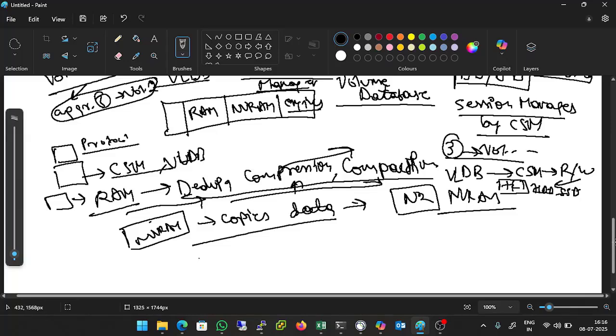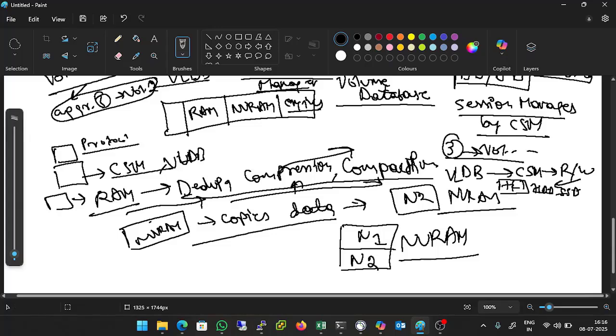Now NVRAM follows one thing that is good to know: it divides itself into two parts. I'm just writing them N1 and N2.